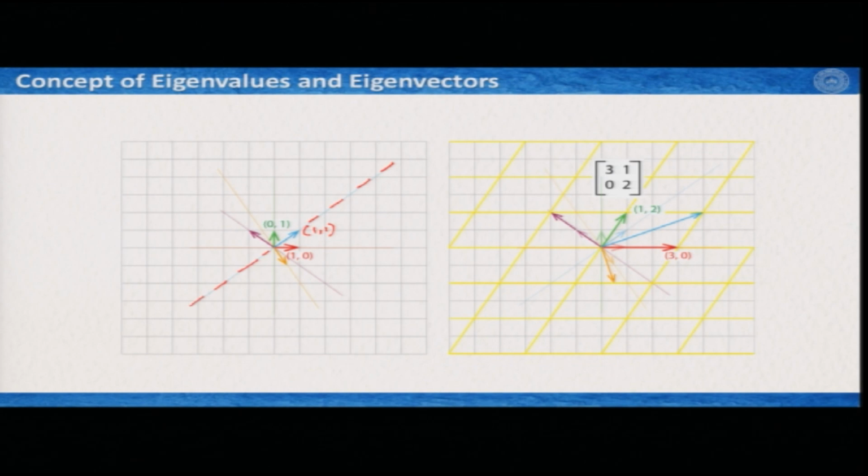We see that after deformation, because this was 1 1, if we apply this transformation matrix, it would come to here. Therefore, the span which was initially like this now moved to this orientation, and this is how it has rotated. Similarly, if we consider this orange vector, we will see that it has also rotated after we apply the D matrix.